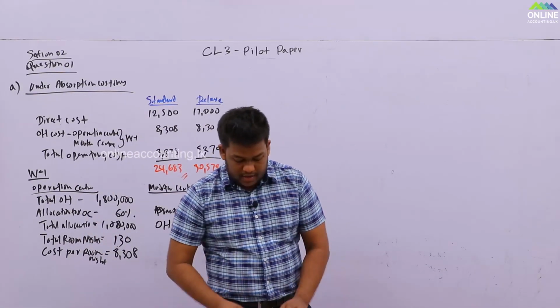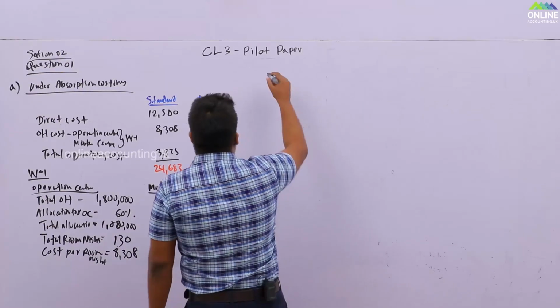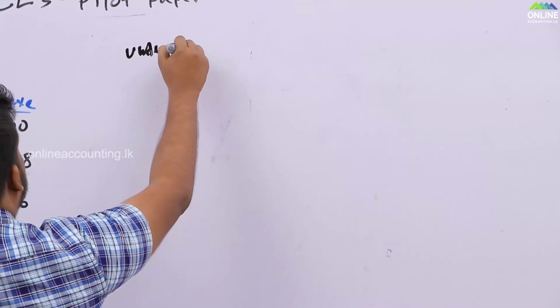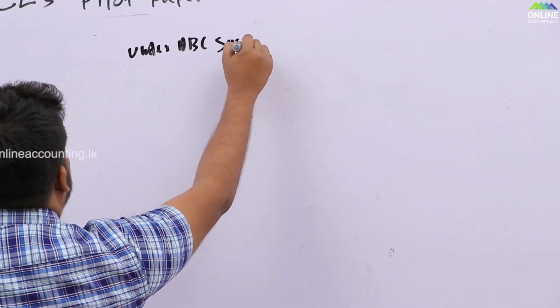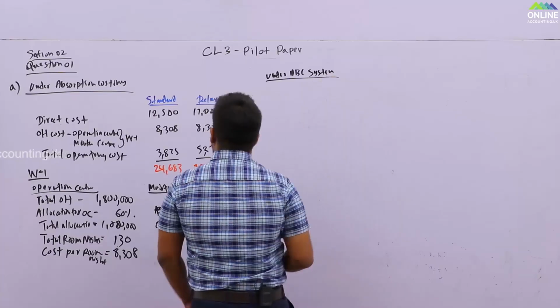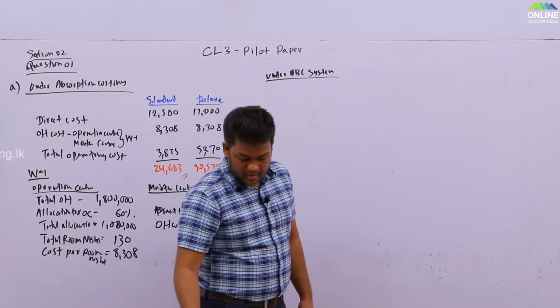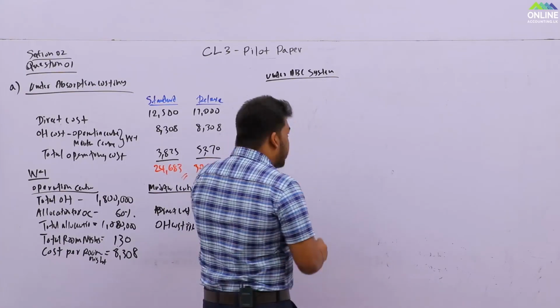So under the ABC system, how to calculate? You should have a schedule.